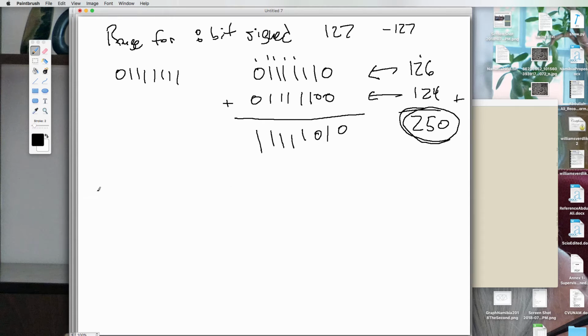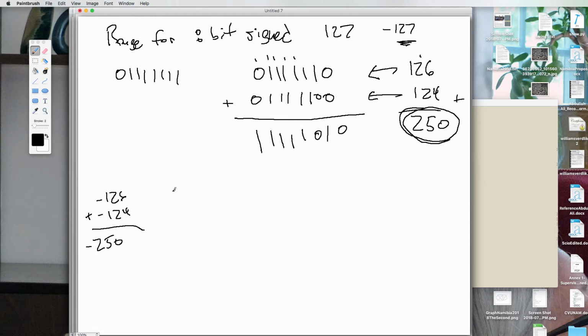Likewise, what would happen if I did minus 126 plus minus 124? Okay, now we know that if I'm going to add those two things together, again, that's going to be minus 250. And again, we see that that's outside the range. Well, let's see what these look like.